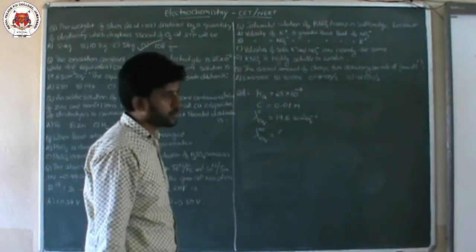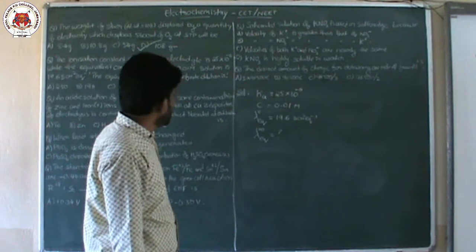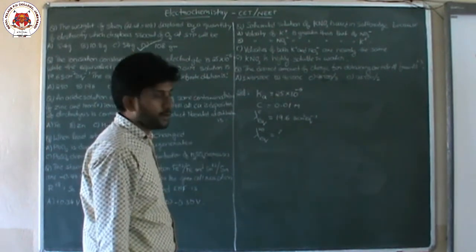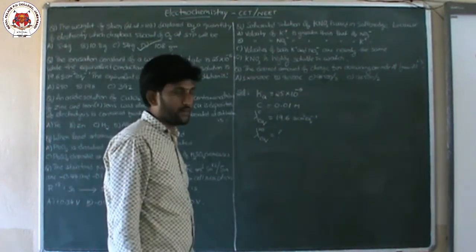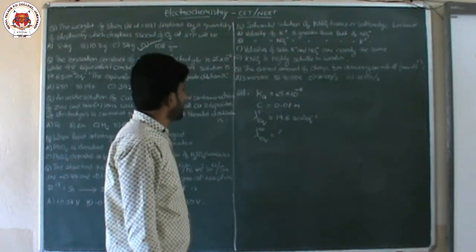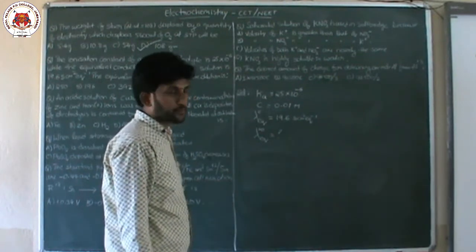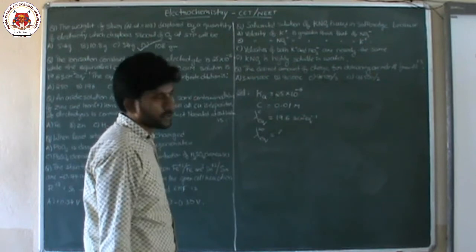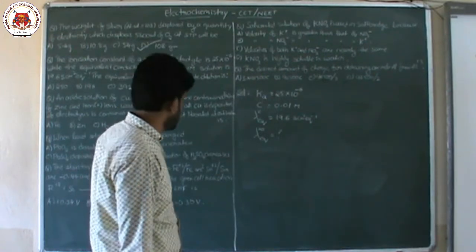Then how do we find this? If you know the formula of alpha with respect to Ka, then you can find it.